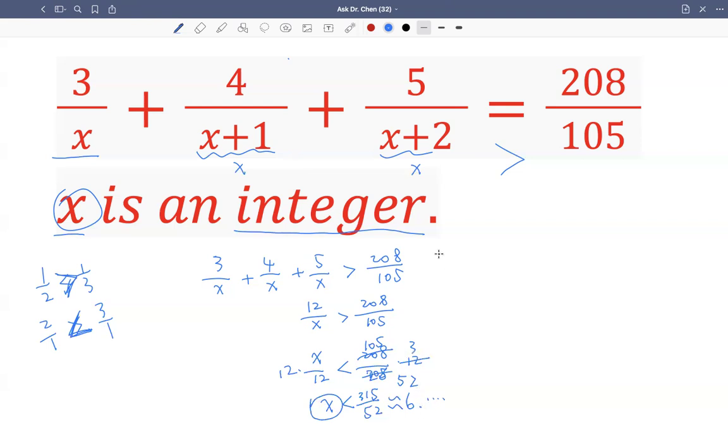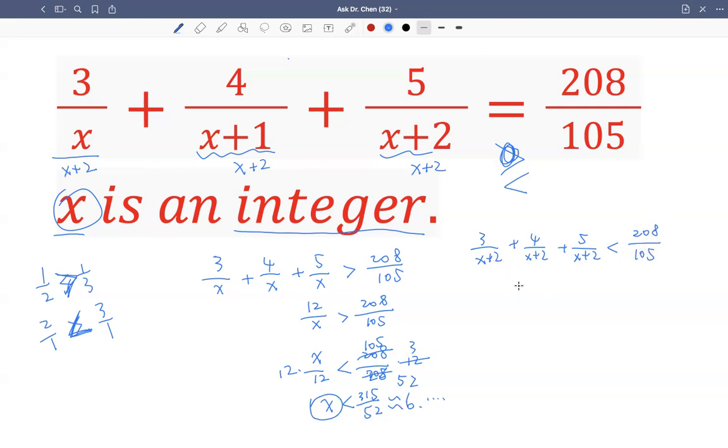All right, now let's take this one. Let's make the denominator bigger. Let's change this to be all x plus 2. Because the denominator is bigger now, each number is smaller, so the sign becomes less than. So we do 3 over x plus 2, plus 4 over x plus 2, plus 5 over x plus 2, and now that's less than 208 over 105.